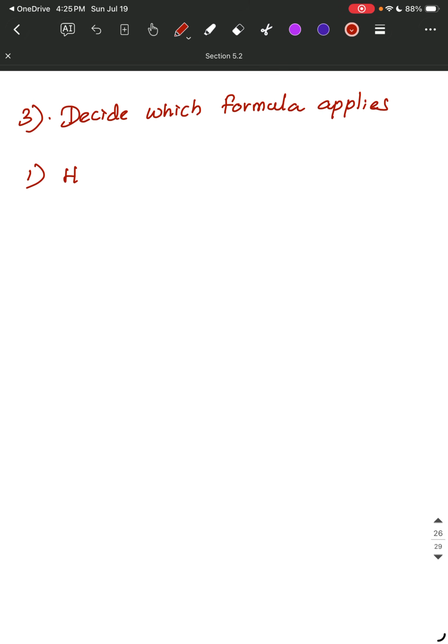So decide which formula applies. First one: how much will monthly retirement deposits grow to? Decide whether this is a future value or present value.